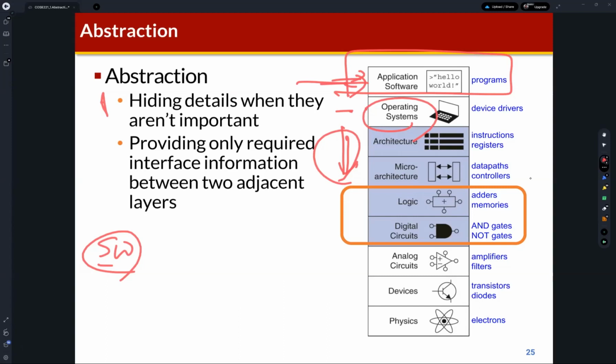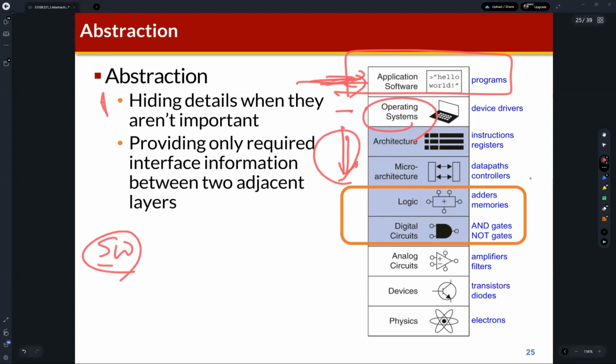And what is the disadvantage? The disadvantage of abstraction: it's not easy to optimize the entire system, right?